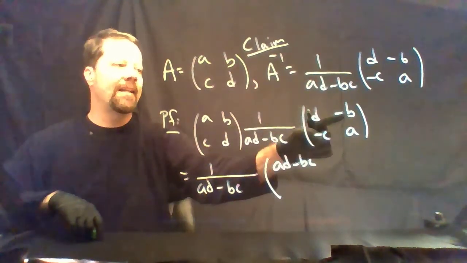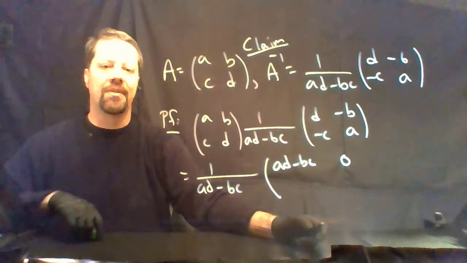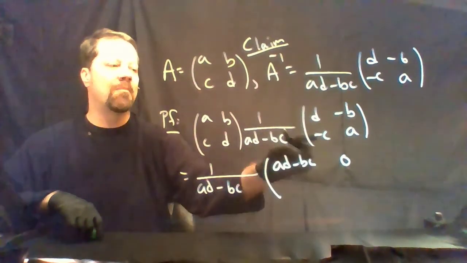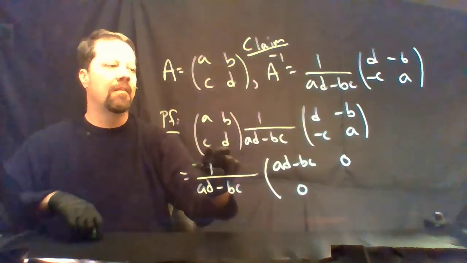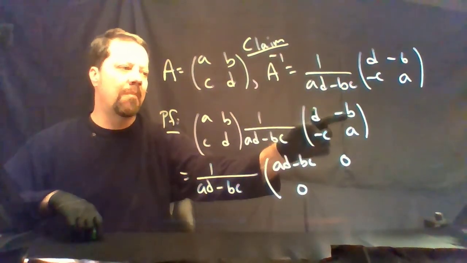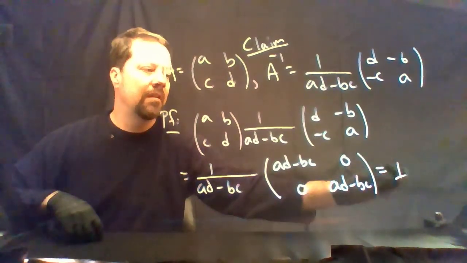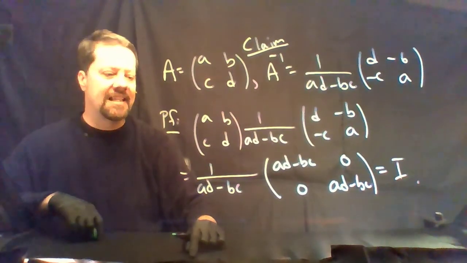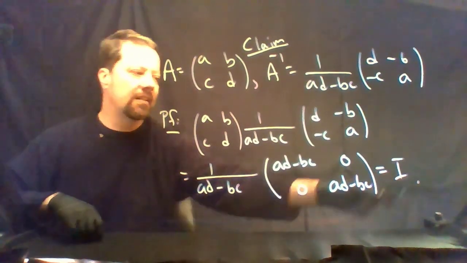Here we'll have minus ab, and down here we'll have plus ab for a grand total of 0. Over here we'll have cd and then minus cd for a total of nothing. And then, taking this here, we'll have ad and then minus bc. By multiplying each of these coordinates by 1 over ad minus bc, we obtain the identity matrix, and that proves the claim.